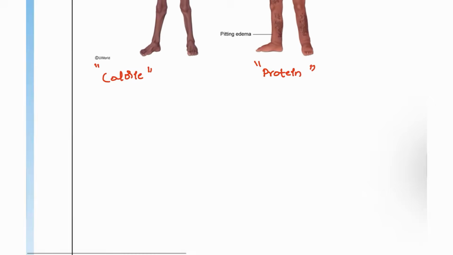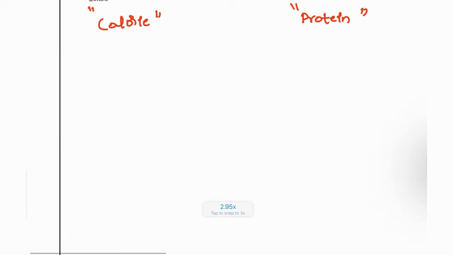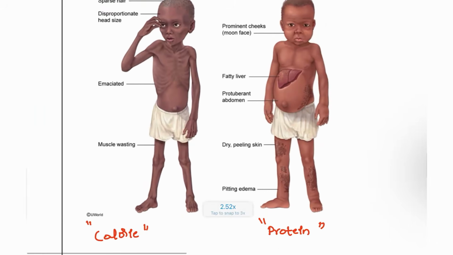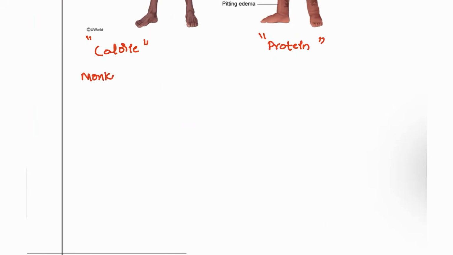For the condition of marasmus, what happens? These patients with marasmus, how are they looking, guys? They are looking like an old man, right? So the old man, baggy pant appearance will be seen. Okay, monkey face, old man, baggy pant appearance.